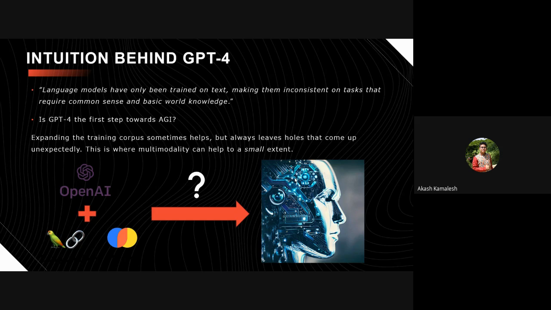Multimodality can help to a small extent here so that it can learn additional parameters. This diagram shows OpenAI models with LangChain and vector databases, and now GPT-4 with multimodality support. Can that be the first step to AGI? It's a question that a lot of researchers keep discussing, and it's still in discussion.